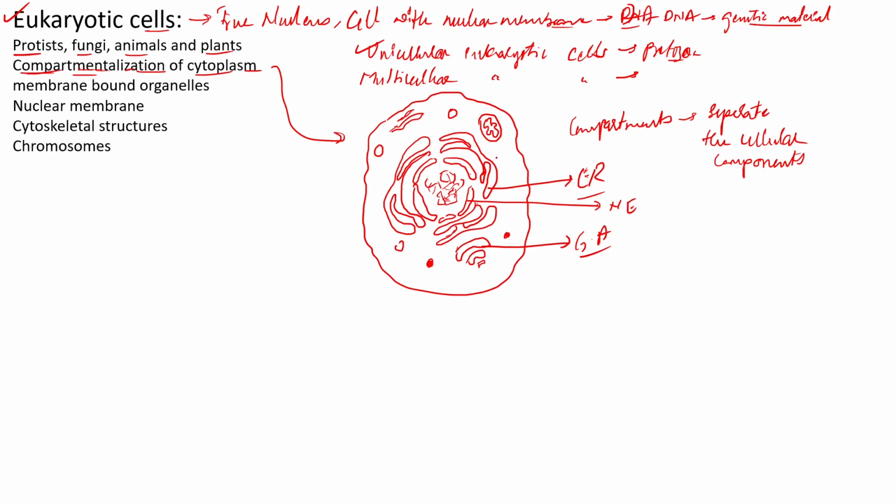That is the main function of the nuclear envelope. So these membrane structures inside eukaryotic cells play an important role in compartmentalization, dividing the cytoplasm into a series of compartments. This is a unique feature of eukaryotic cells.